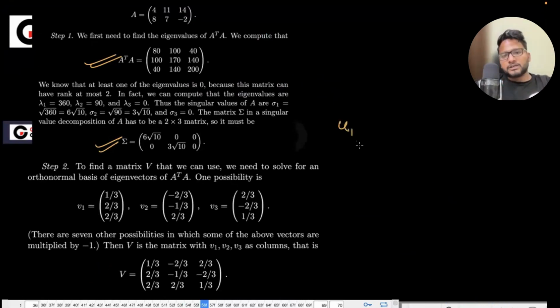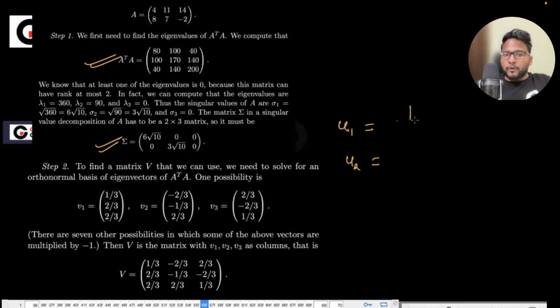In this particular case, it is u1 and u2 only, right? Fortunately, you have two non-zero singular values. So in this case, you don't need to find u3, but we will see an example where we actually need u3 also.